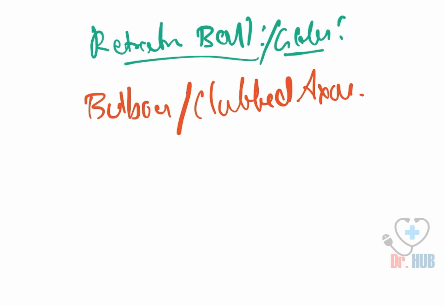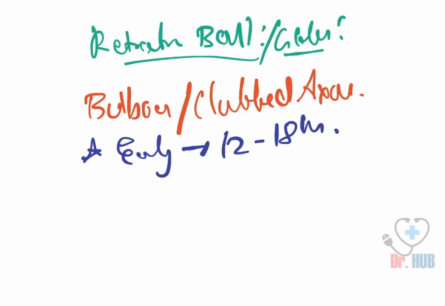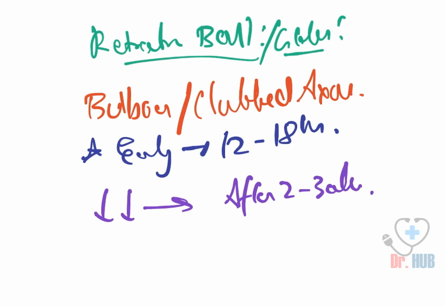They are bulbous or clubbed axons, seen as early as 12 to 18 hours. Next is the number of retraction balls. They decrease, and the decrease occurs after 2 to 3 weeks after injury.